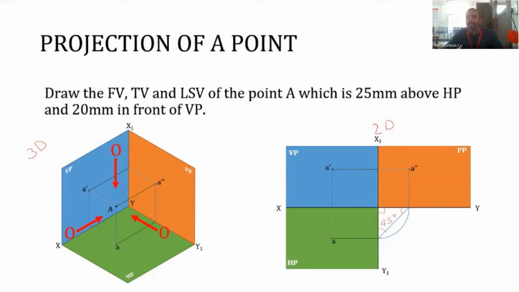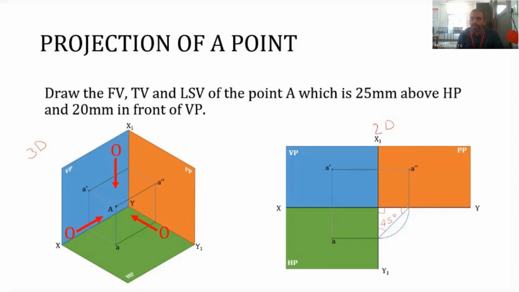So in order to get the side view, we have to draw a horizontal line perpendicular to the x1, y1 line through A dash, that is through the front view. We draw a horizontal line from A to meet the x1, y1 line, and from that point either draw a 45 degree line so that it meets the xy line, or draw an arc with the center at the point of intersection of x1, y1 and xy line, and the radius as this distance.